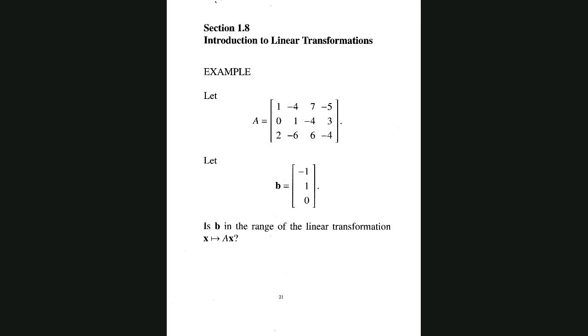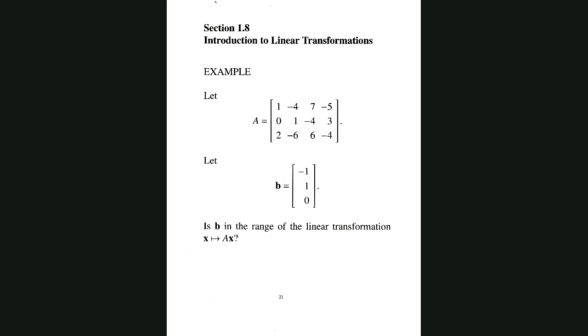And the reason we know that is because, as you learned in one of the earlier sections, when you take a matrix times a vector, that matrix multiplication is equivalent to a linear combination of the column vectors of A, where the weights on each vector are from the vector x.